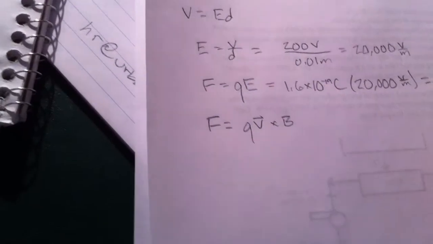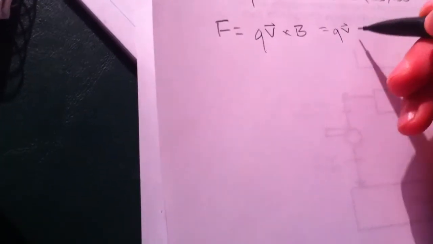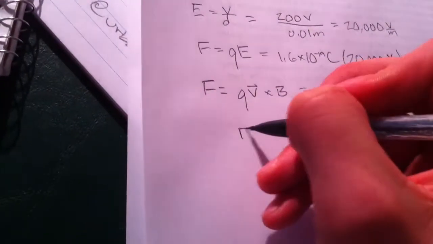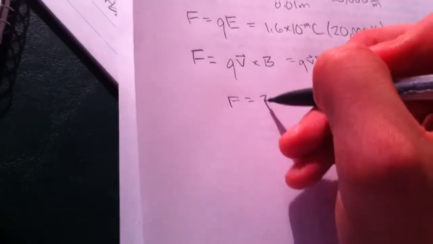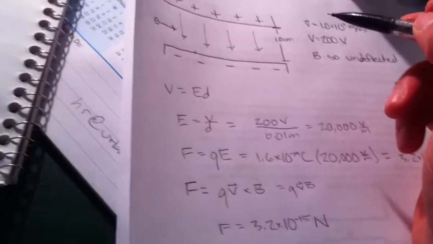Alright, so we know that that cross product is going to give us a sine of 90, so we can simplify that to F equals qvB. Now we can say F is equal to 3.2 times 10 to the negative 15th newtons, because that's the force created earlier by the E field.